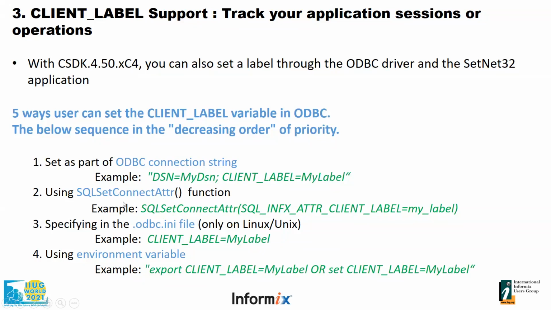In SQL, using APIs like SQLSetConnectAttr, you can pass the parameter to set the client label, like attribute client label equal to my label. Even in the odbc.ini file for Linux and Unix machines, you can set the client label value. In environment variables, you can set these values using export or set depending on the command prompt.